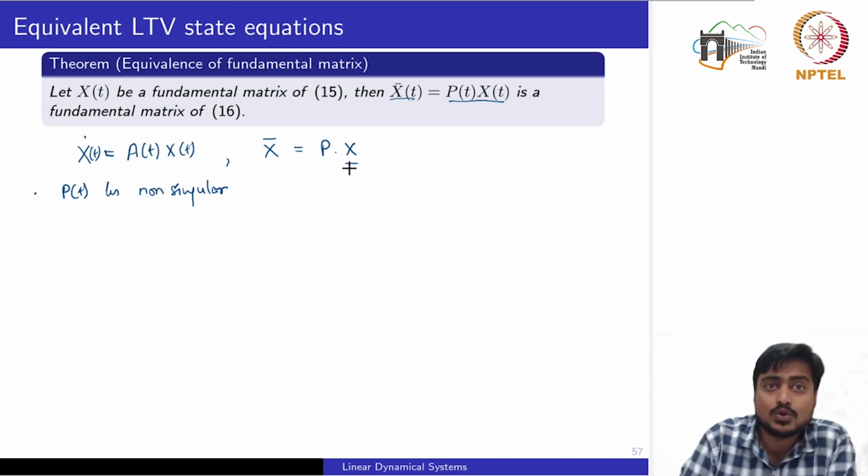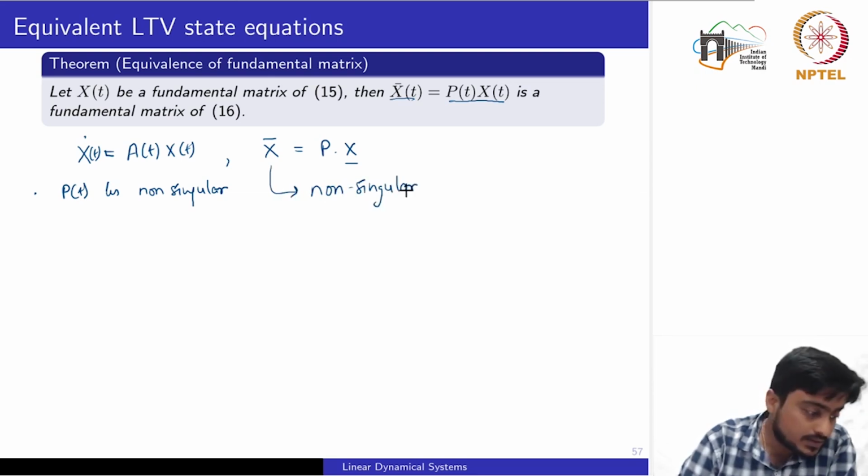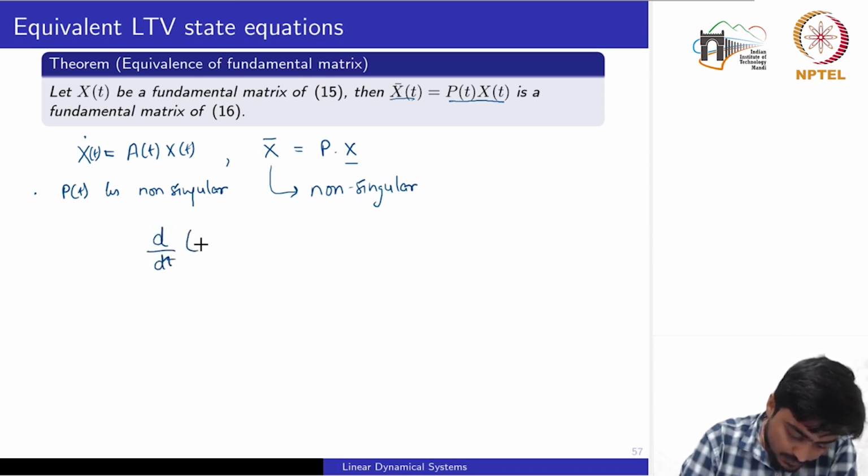If I multiply two non-singular matrices, the multiplication would also be non-singular. It won't affect the property of non-singularity. So we are clear that X bar would also be non-singular. Now taking the derivative of P X, which would be given by P dot X plus P X dot.